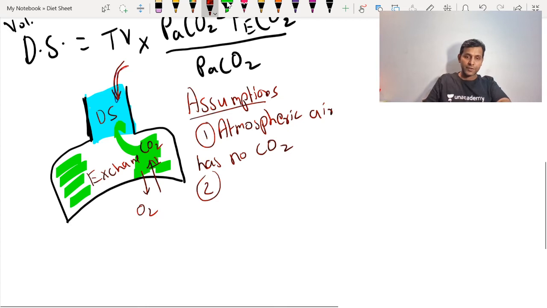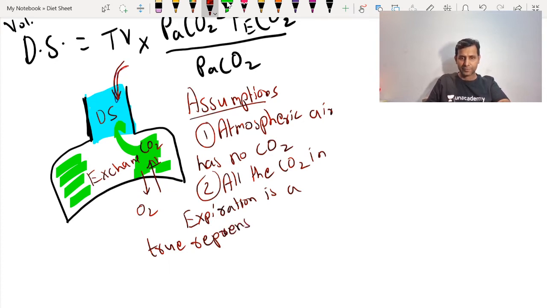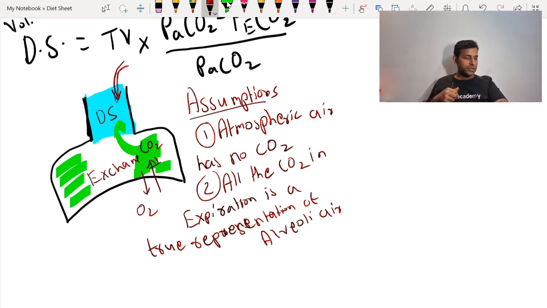So the second assumption is all the CO2 in expiration is a true representation of alveolar air. Whatever air we add into the dead space during expiration contains carbon dioxide which has come from exchange.